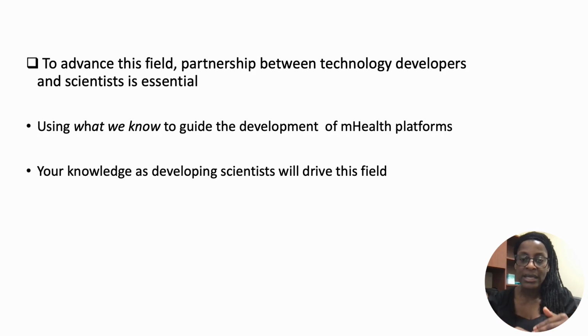So having scientists and app developers work together to inform how these apps should be developed is important, because there are no standards, and most apps in the App Store have very little scientific evidence to support them.